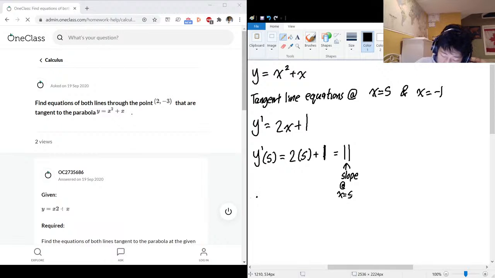Cool. So we know the equation of a line is y equals mx plus b. Also, we have a point P, which is (2, -3). So we can use the point P to sub in for our y and our x.